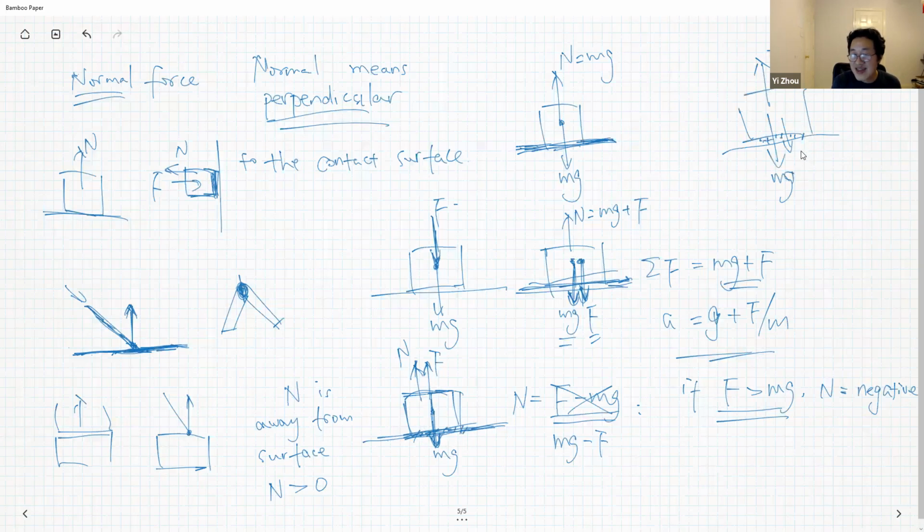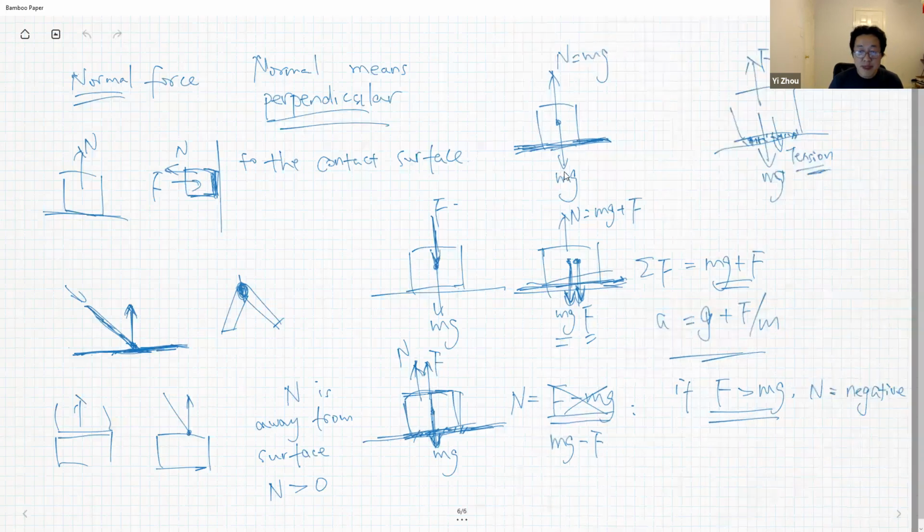We'll have to call that a tension force. We usually don't call that a normal force. Normal force is basically the repelling force from the compression. So if it's sticky, we can think there are a lot of small strings in here between these two. So that will be called the tension. Okay, so we know normal force now.